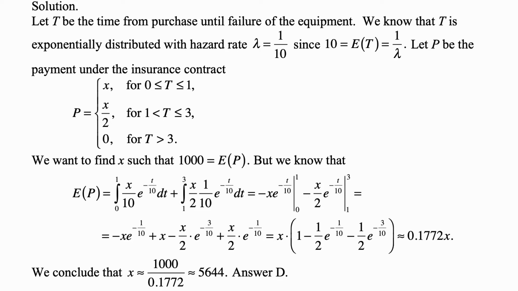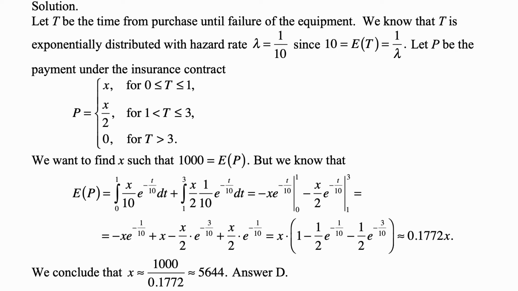And so we evaluate minus X times e to the minus t over 10 from 0 to 1. When t is 1, this becomes minus X times e to the minus 1 over 10. And when t is 0, this becomes minus X, but it's subtracted, so it becomes plus X, because e to the 0 is just 1.